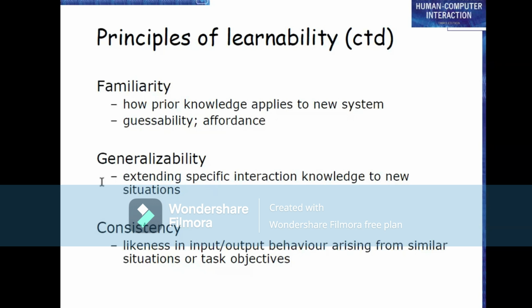Next, the fourth principle from the learnability is generalizability, which talks about consistency usually. It is a form of consistency itself, which is the next principle we are going to discuss. Generalizability, specifically, let's take the example of a multi-windowing system.